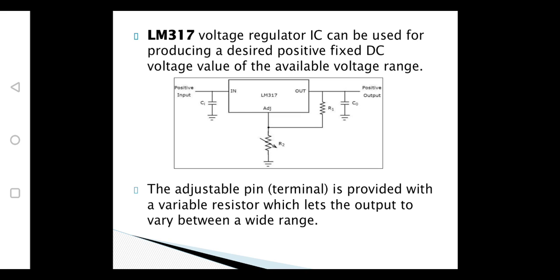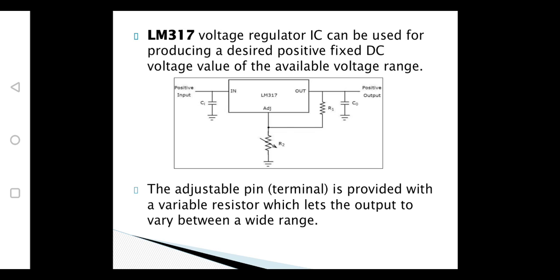An example of an adjustable voltage regulator is LM317, an IC used to produce a positive DC voltage within some range.